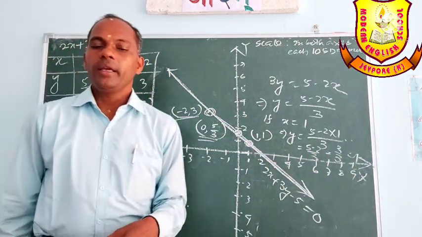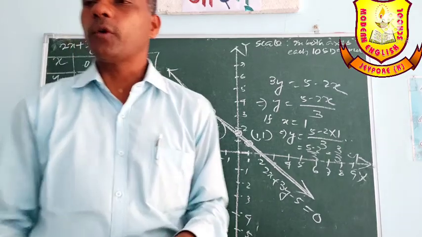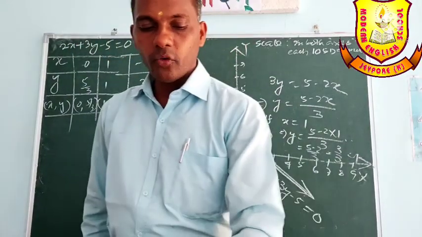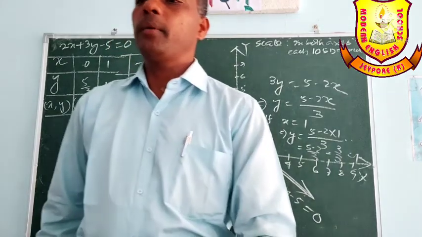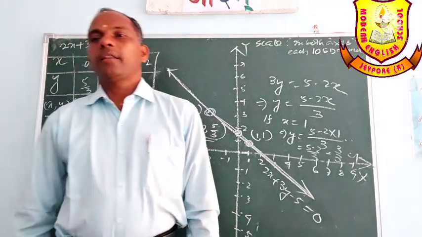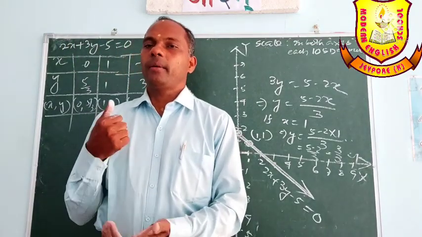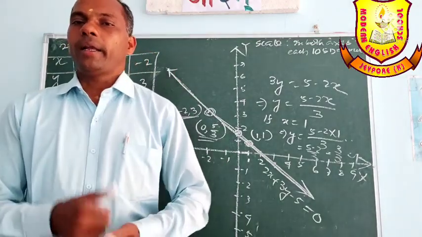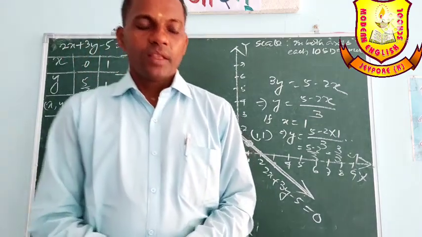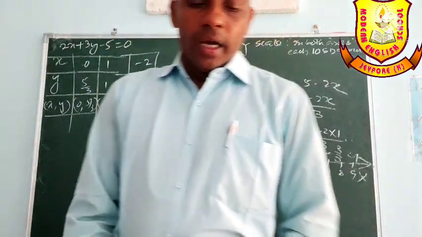This is the way we have to show a linear equation in one variable and a linear equation in two variables. I think everybody can find the solution by taking a value of x and getting the value of y, and (x, y) is the solution of a linear equation in two variables. Okay, this is the way you will find it.